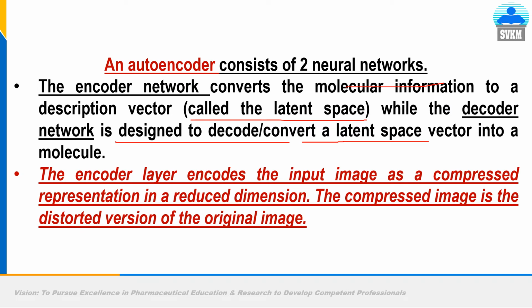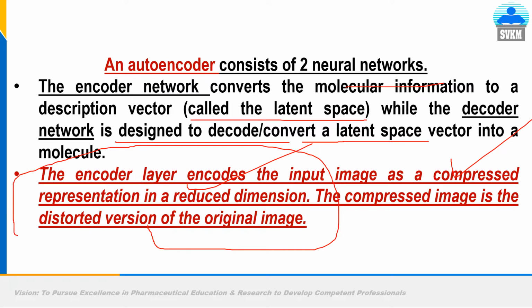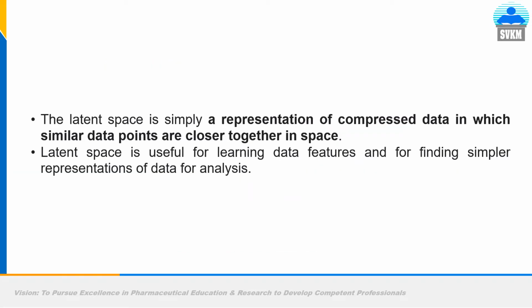The encoder layer encodes the input image as a compressed representation in a reduced dimension. This is the main function of the autoencoder from the encoder's point of view: to make the image a compressed version in reduced dimension. The compressed image is a distorted version of the original image, and we don't know what's happening inside those encoders.